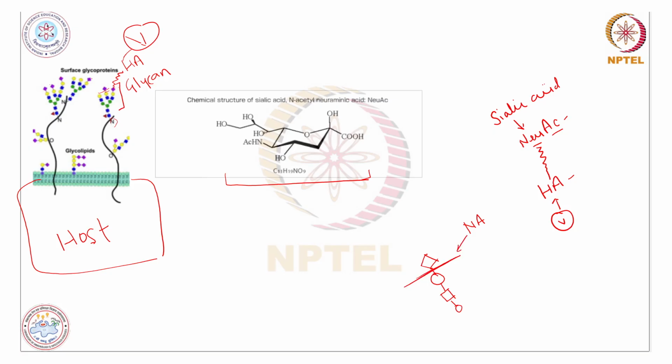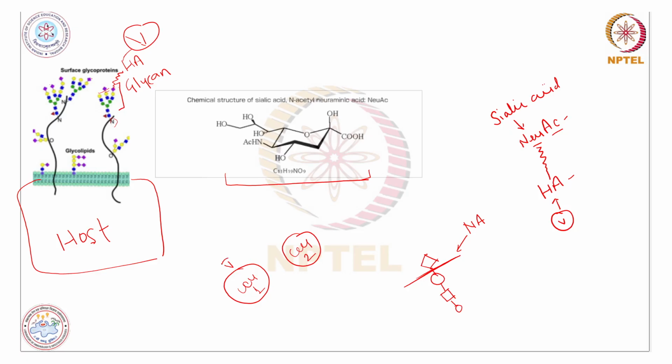And why do we require this? Because for getting outside of the virus or budding out from the cell, we don't need the virus to have the sialic acid exposed on its terminal ends. Otherwise, what will happen? The same virus, like this is cell 1, this is cell 2.